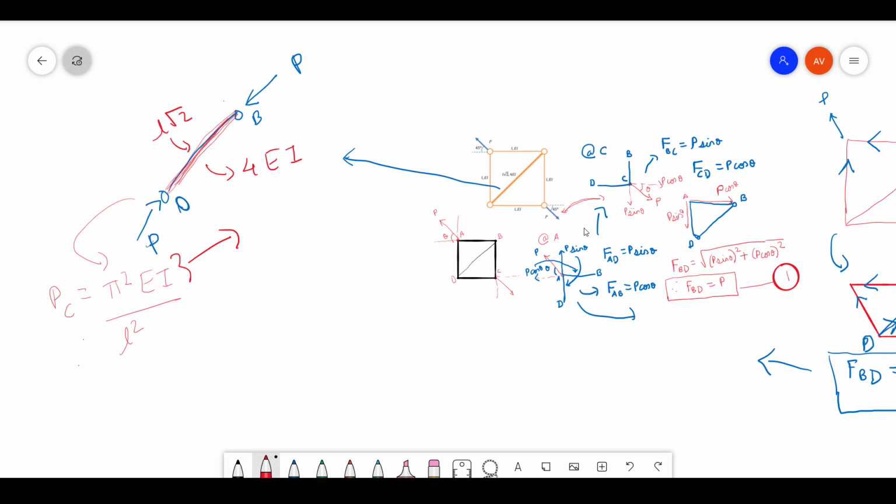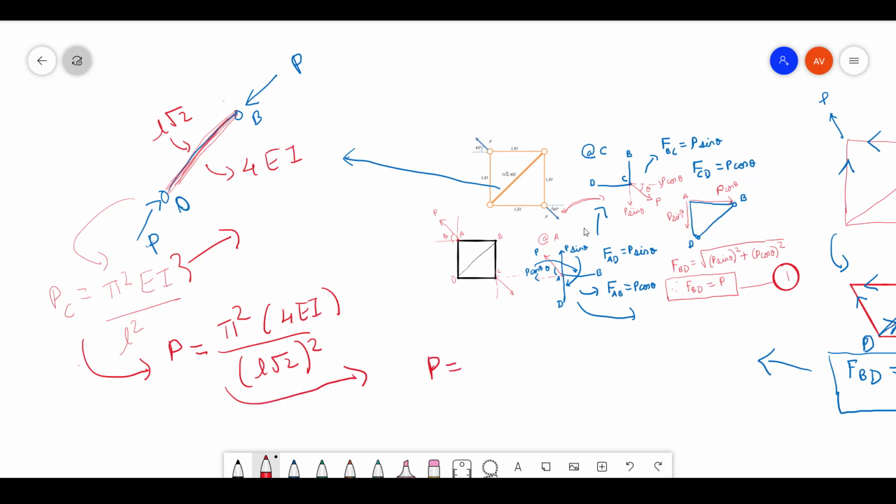So P is your buckling load: pi squared into 4EI by (L root 2) squared. When you solve this, you get 2 pi squared EI by L squared.